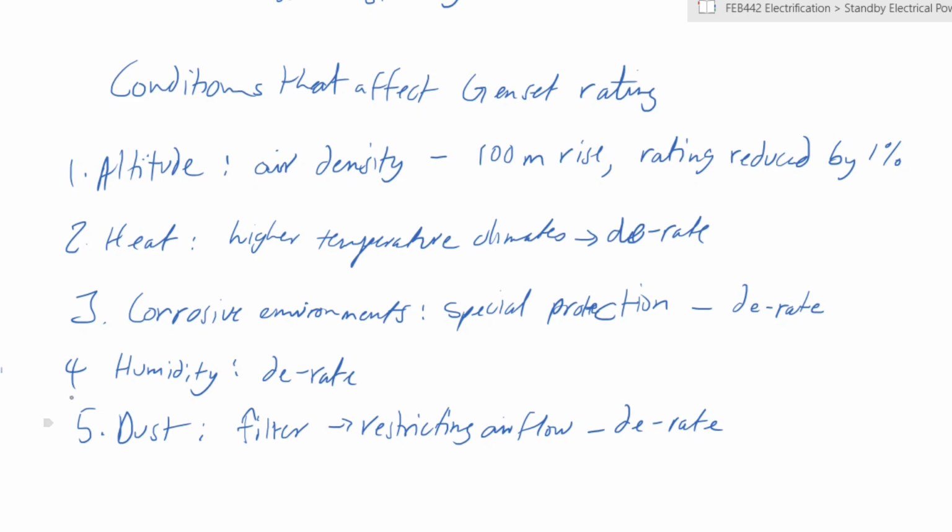Next, let's look at automatic transfer systems. Automatic transfer systems are systems by which the power can be changed between two different supplies.